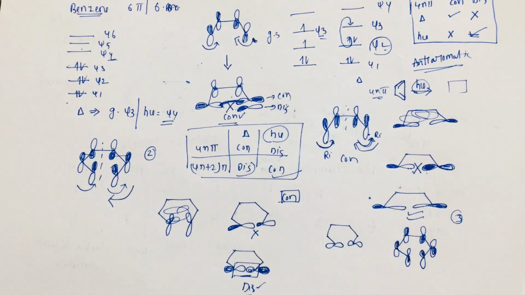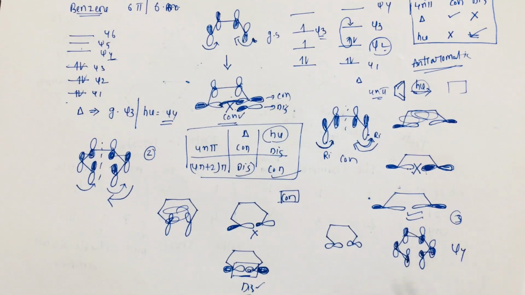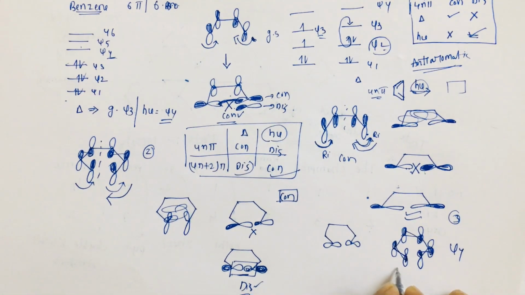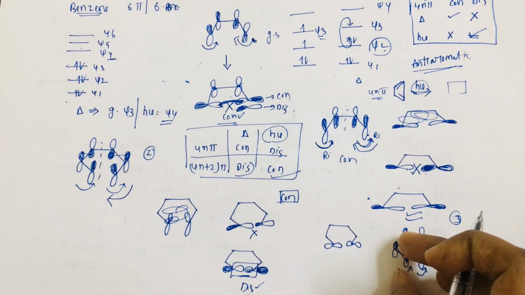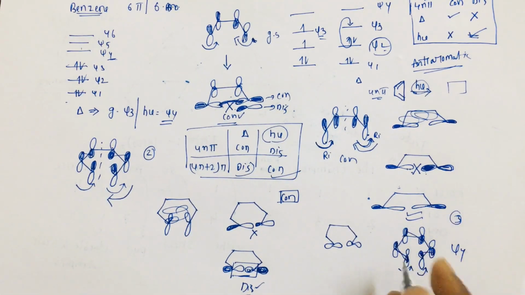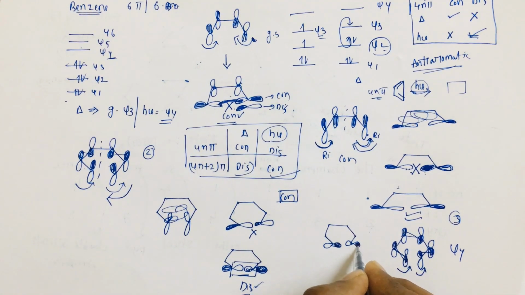So this will be the arrangement for psi 4, because here we have 1 nodal plane, 2 nodal planes, and 3 nodal planes. Okay, so when we do the con rotation here, we are rotating this way, this comes towards your right hand side, and here this comes towards the left hand side.